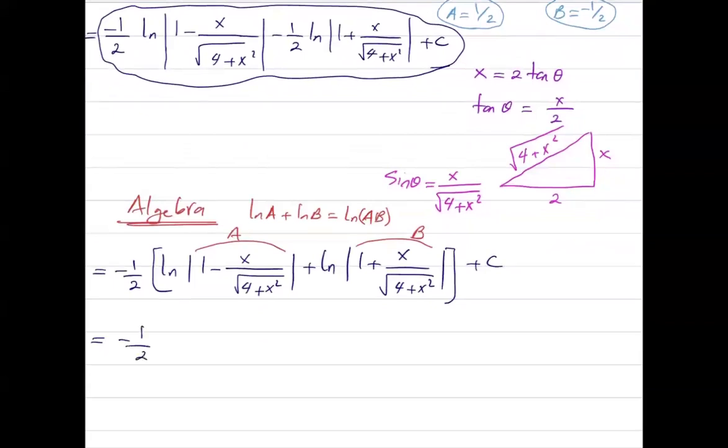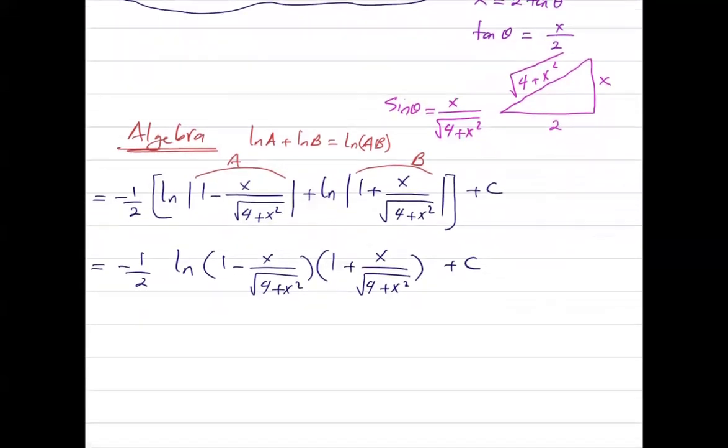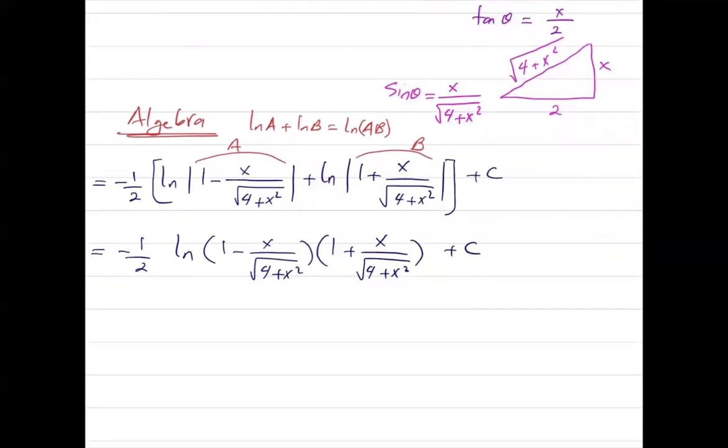ln. You have negative a half ln of, here if we assume all of these quantities are positive, we can get rid of the absolute value to have a simpler version. You get 1 minus x divided by square root of 4 plus x squared times 1 plus x divided by square root of 4 plus x squared plus constant of integration. But remember that if you multiply these two quantities, then you have a minus b times a plus b.